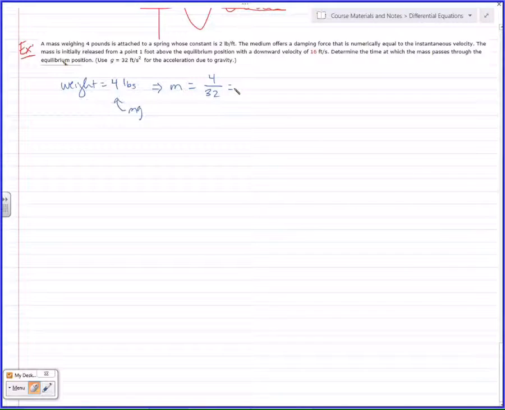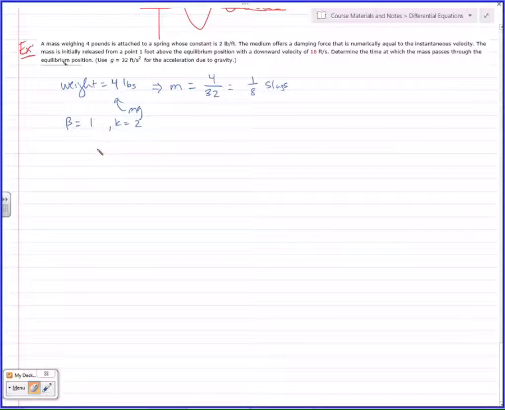So you take 4 over 32, or 1/8 slugs. When your weight is in pounds and you're dividing by feet per second squared, you get slugs. Okay, we know beta is 1, K is 2.